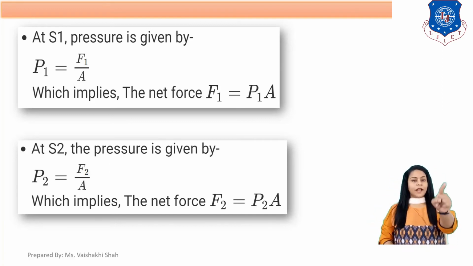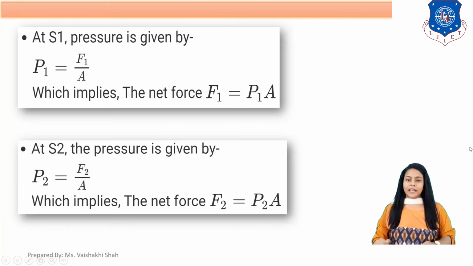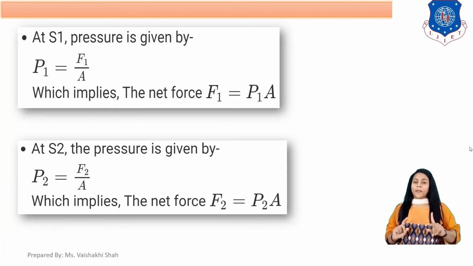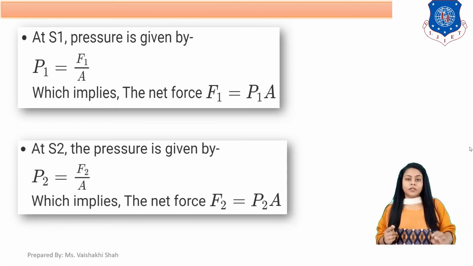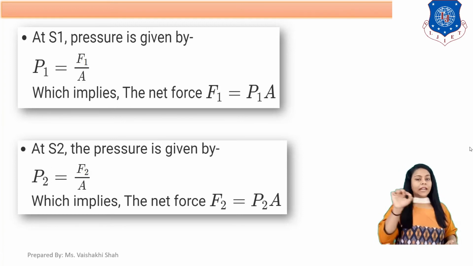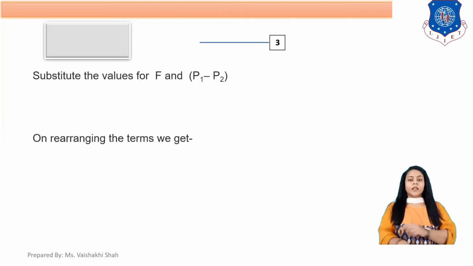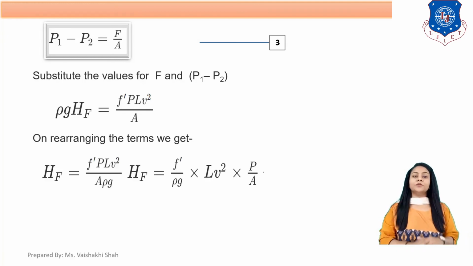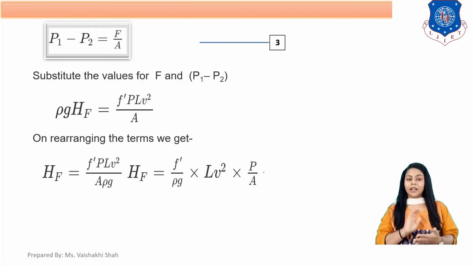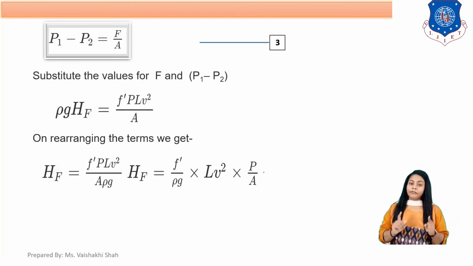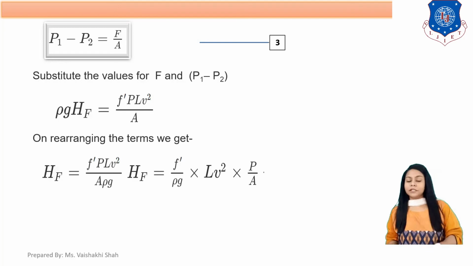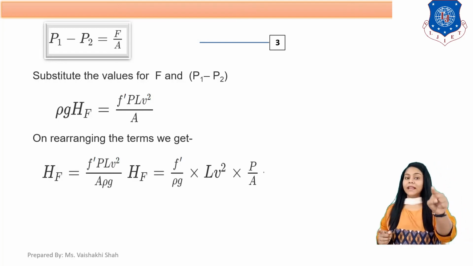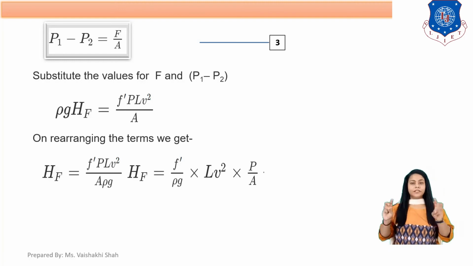So P1 equals F1 upon A and P2 equals F2 by A. If you make F1 and F2 the subject, then F1 equals P1 into A and F2 equals P2 into A. So here P1 minus P2 becomes F by A. So place the values of F and P1 minus P2. P1 minus P2 equals F by A. That is your equation number 3.